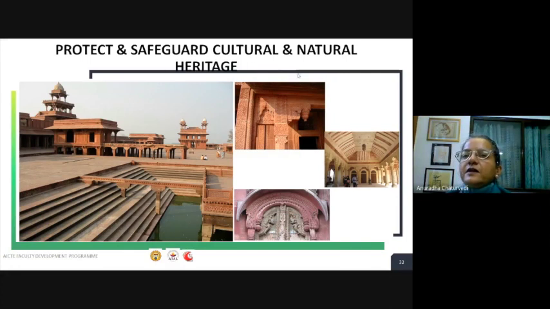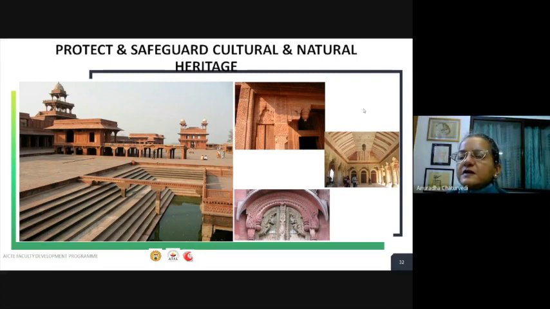India has a very large number of World Heritage Sites. On the left, you can see a very significant monumental site of Fatehpur Sikri, and on the right, you can see examples of heritage of that particular period from cities such as Jaipur or Bikaner, where there is a very high level of skill and craftsmanship and traditional knowledge systems which are demonstrated in the tangible heritage resource.